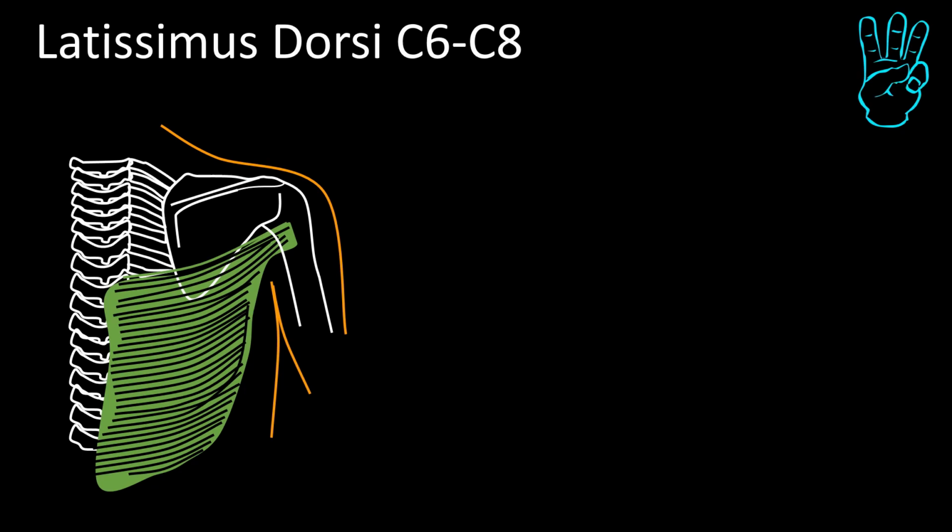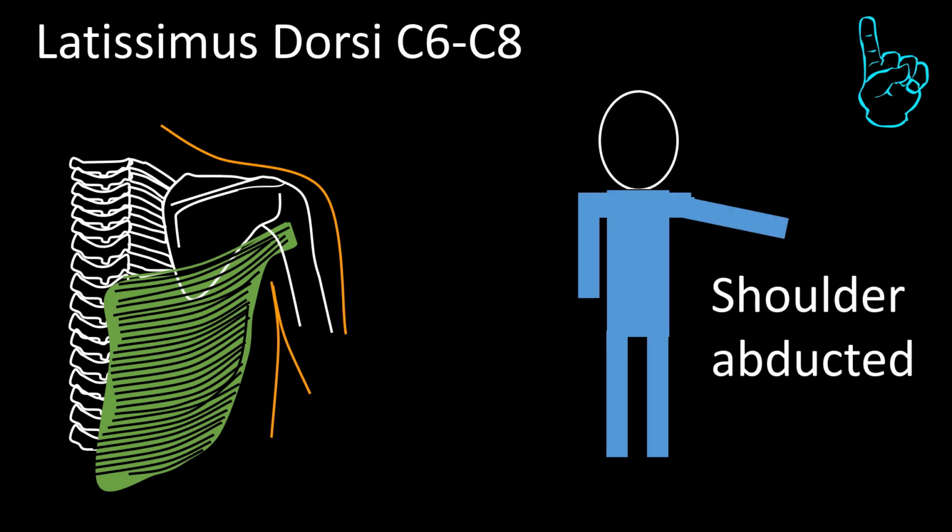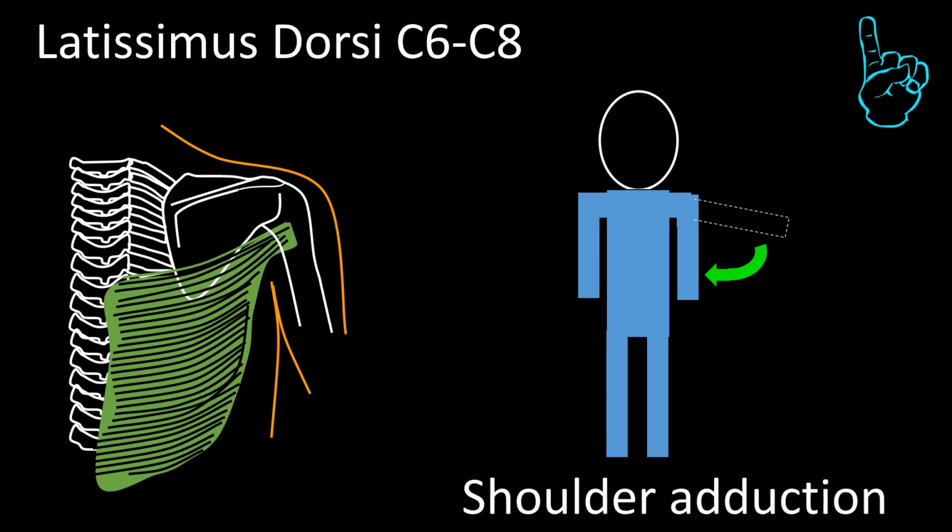The latissimus dorsi has three actions, from which it derives its Pig Latin name. The first action, from shoulder abduction position, is shoulder adduction.